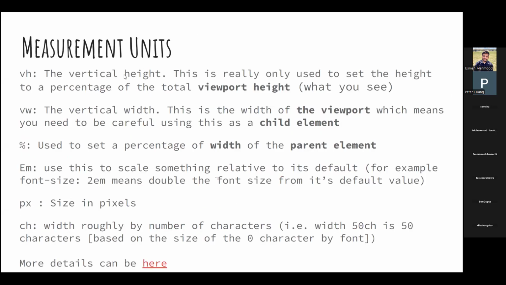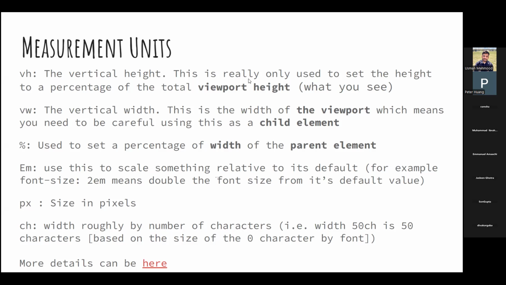There are some standard unit measurements to become familiar with, as they'll be helpful when you're setting up your pages. There's VH, which stands for viewport height, so whatever value you set is going to be relative to the height of your screen.